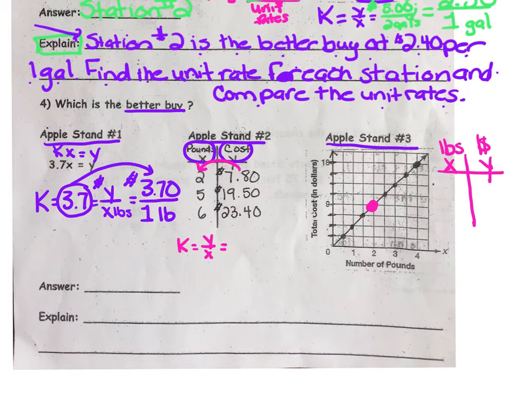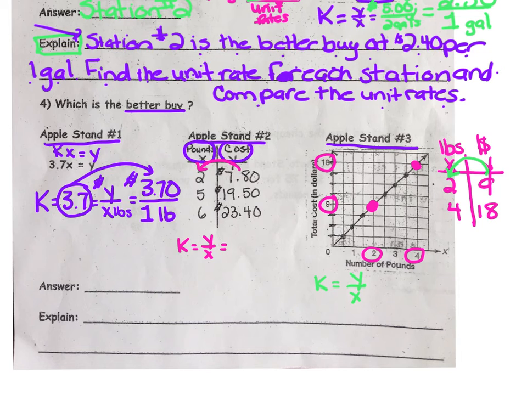But you're going to grab a couple of good readable points off the graph, like 2 pounds for $9 and maybe 4 pounds for $18. And again, once you have this in table form, you're going to figure out your unit rate by taking Y over X, dollars over pounds.